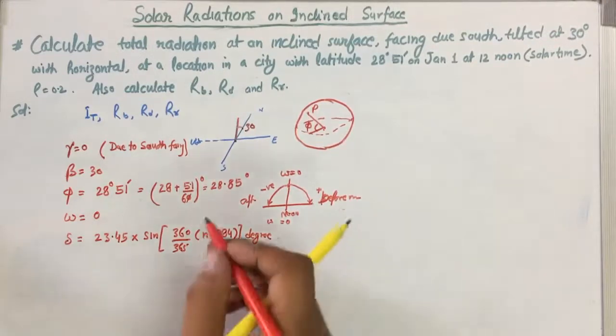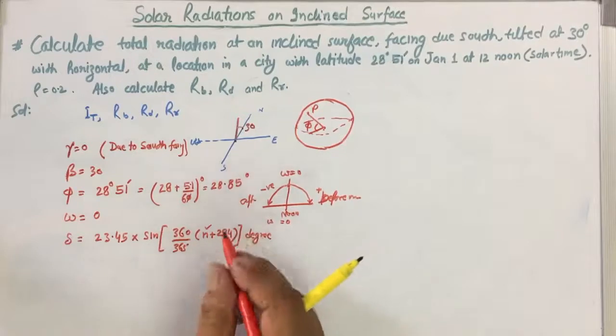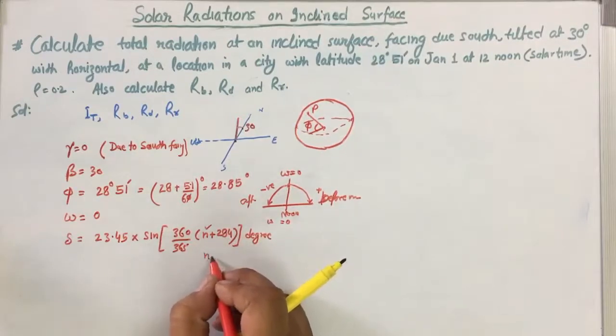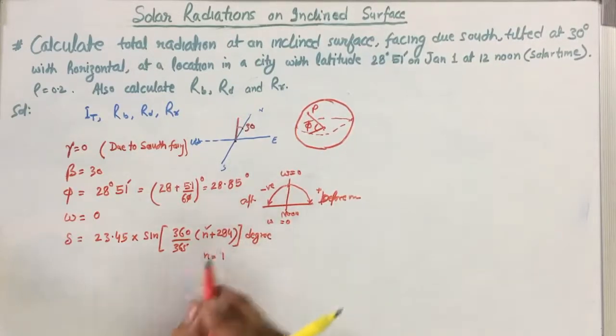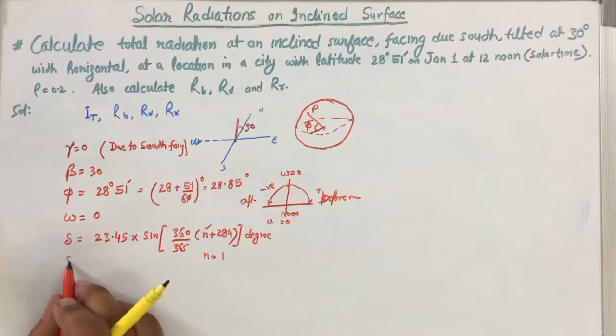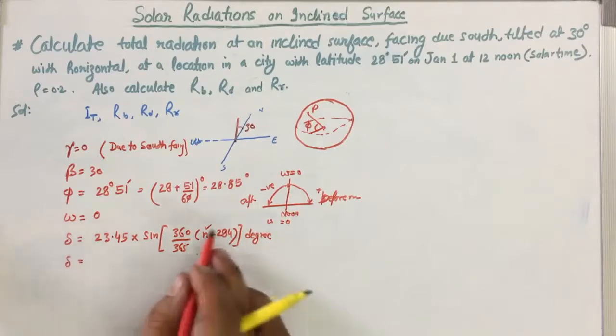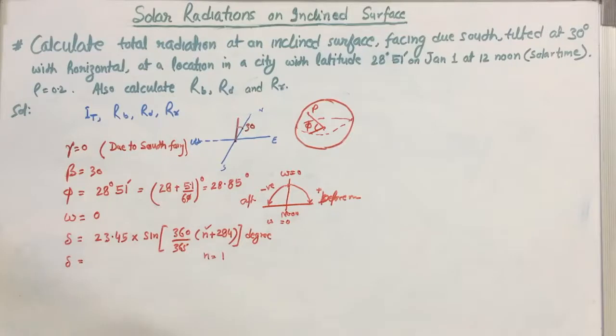So if we put the value of n, that will be 1st January, so n should be equal to 1. If we put it here, then we can find delta from these calculations.